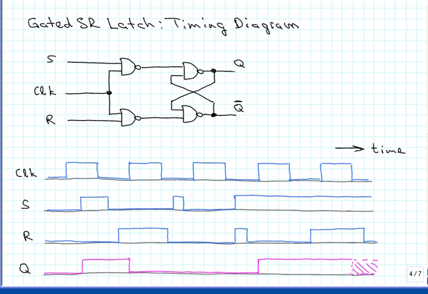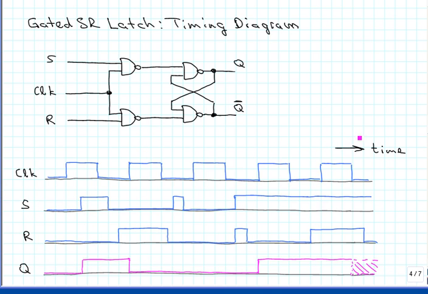One thing that is important for the analysis of memory elements and latches and flip-flops in general is to look at the timing diagram. Okay, so here is the schematic again of that gated set reset latch, and then down here are a number of waveforms shown that indicate what's happening at different times.